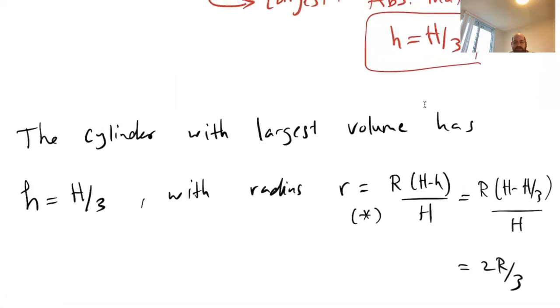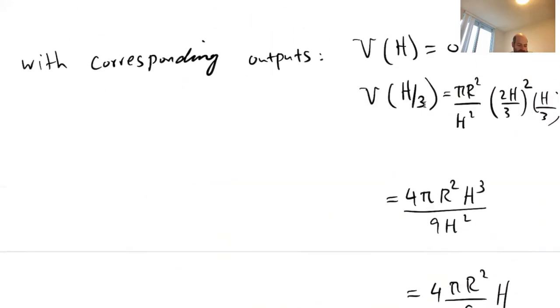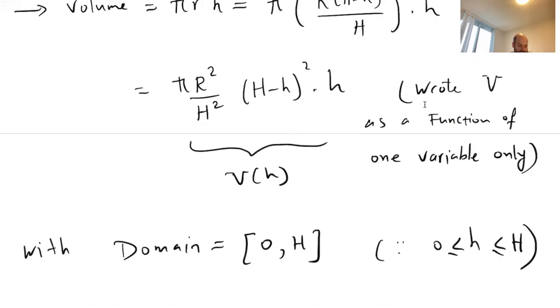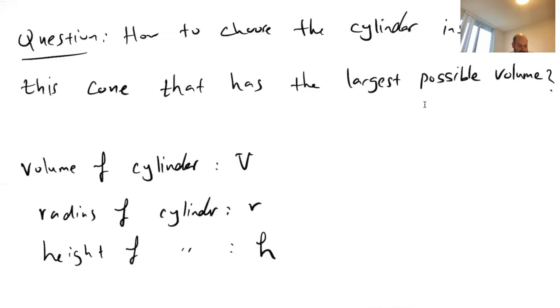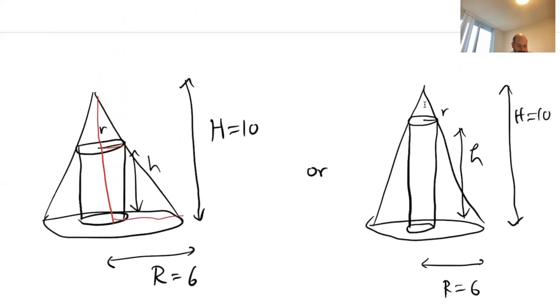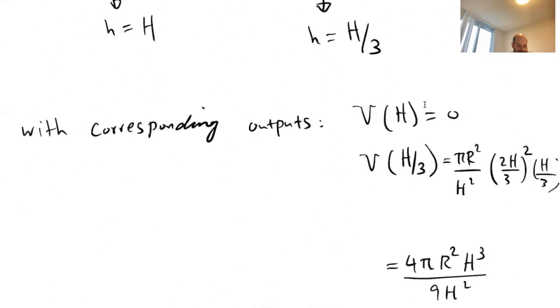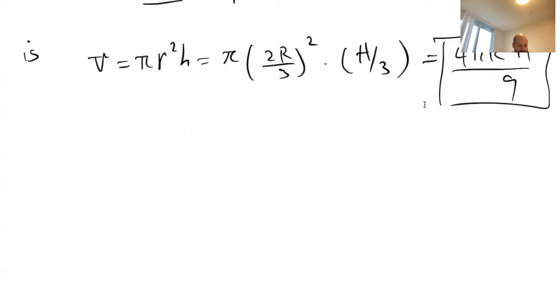We found the general formula for an arbitrary capital H and capital R, but they were given in the question. I think capital R was given as 6 and capital H was given as 10. So in this question, I can also mention capital R is 6, capital H is 10.